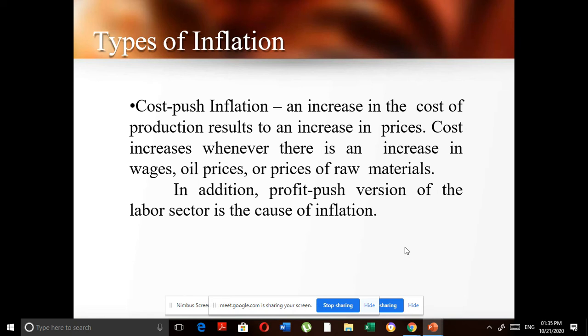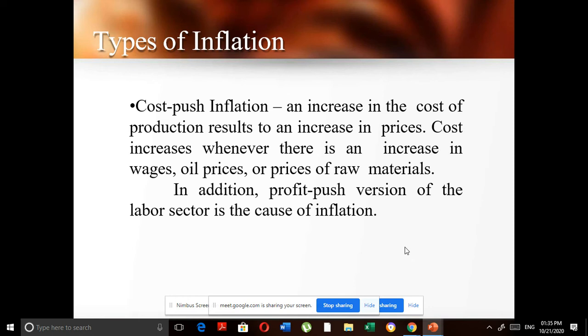So cost increases when there is an increase in prices, for example, of raw materials, increase in salaries, oil prices. So we call this inflation cost push inflation. You understand this? Increase in the cost of production results in increase in prices.